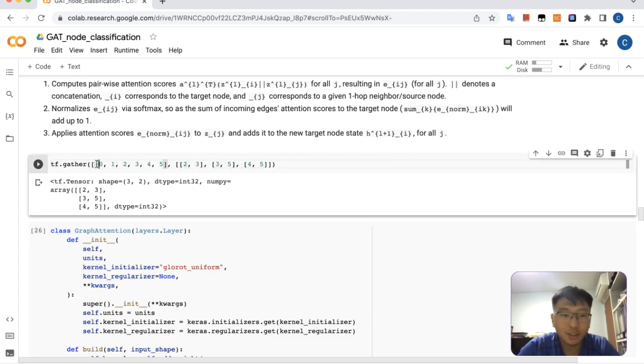Let's say over here, for simplicity, each of them has 4 hidden states, and then we do a gather.